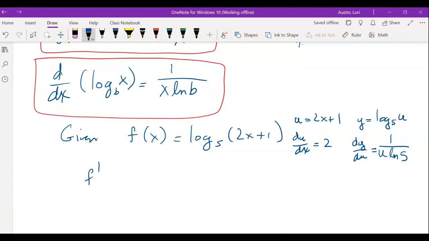So f prime of x is now, okay, I have my 2 times 1 over. I'm not going to write u, though. What did u equal? 2x plus 1 times ln of 5.